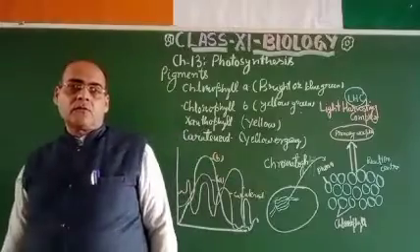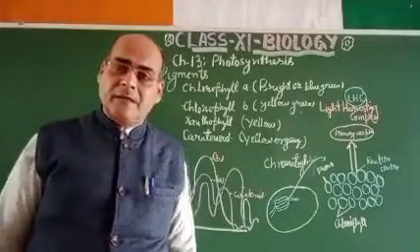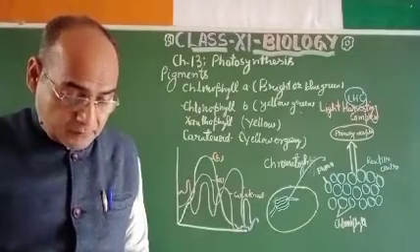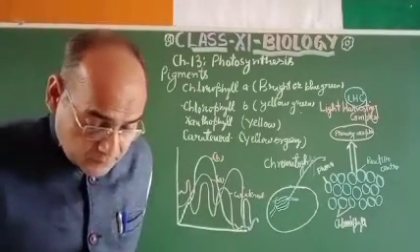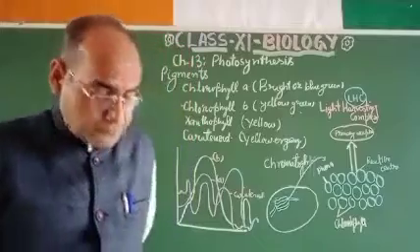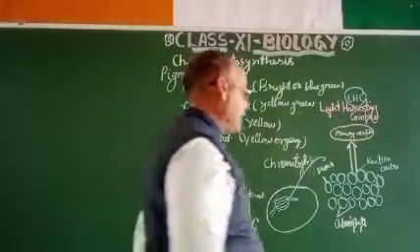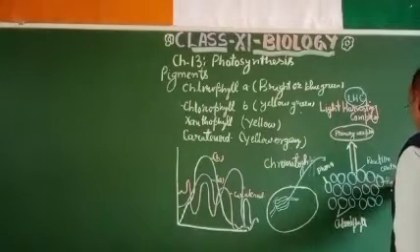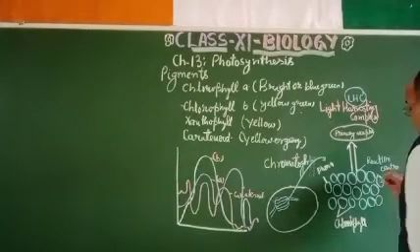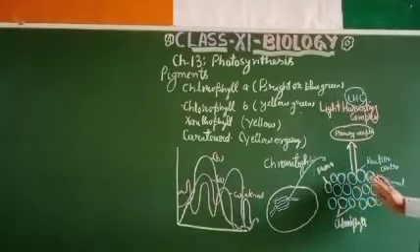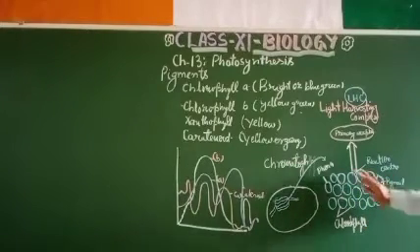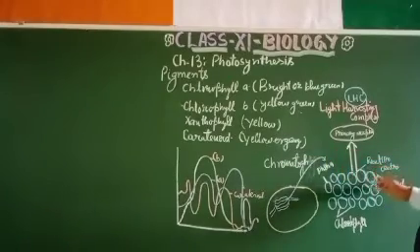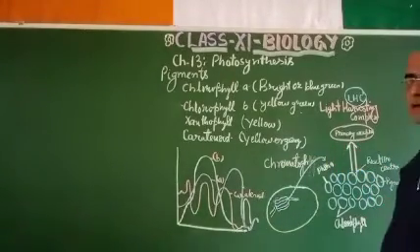So you are looking here at the LHC, the light harvesting complex, and the light harvesting complex is responsible for absorption of light, since they have the pigments. Therefore, these chlorophyll molecules have the pigments, they absorb the photons, and they are the reaction center to manufacture the food.